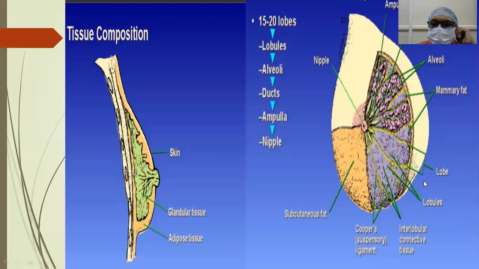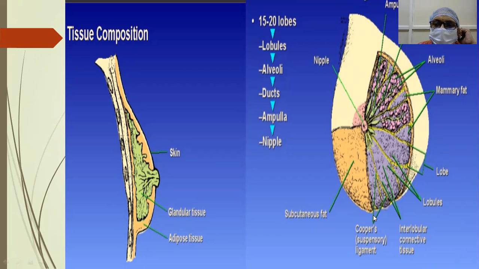This is a lobe, then the lobules, the mammary fat. These are the alveoli and the ducts, and this is called the ampulla. So 15 to 20 lobes are present. Then look at the lobules.